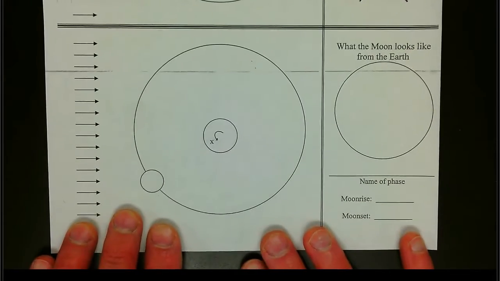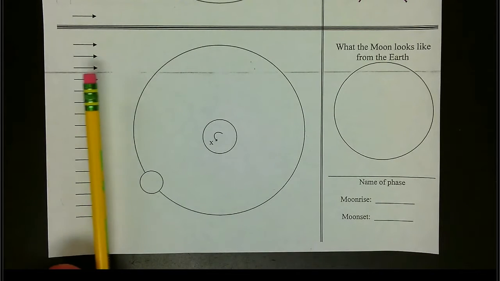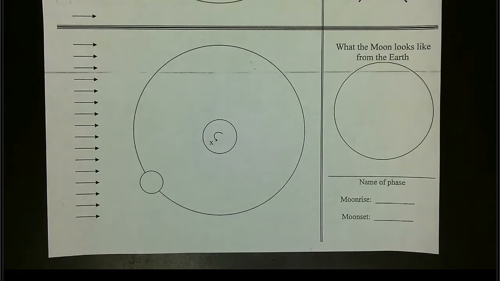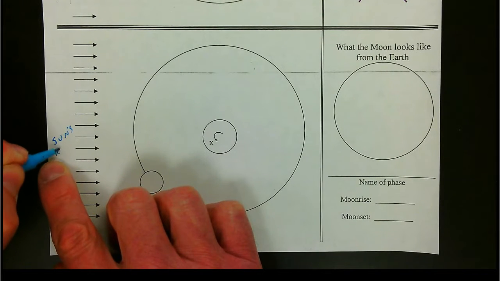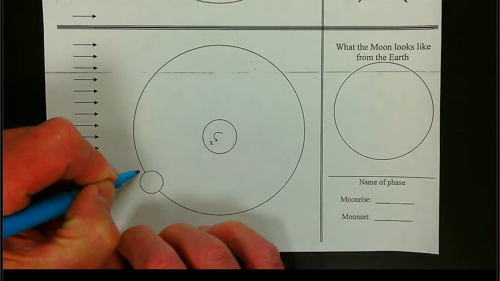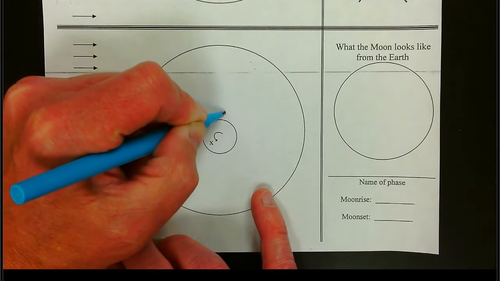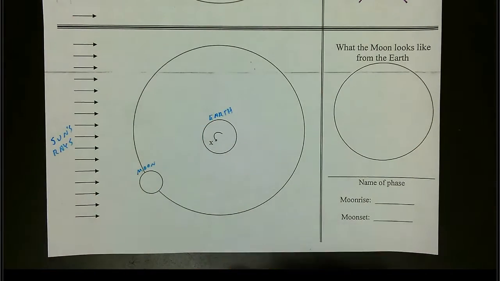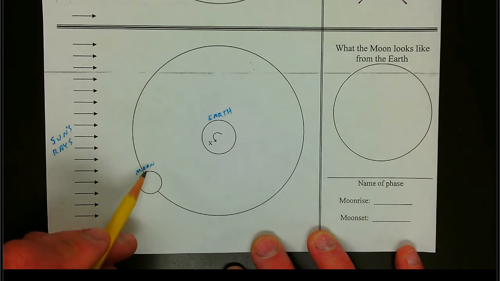You'll notice that this diagram looks very similar. We have the sun shining on the moon and on the earth. But what has happened is the moon has now moved in its orbit to this position.